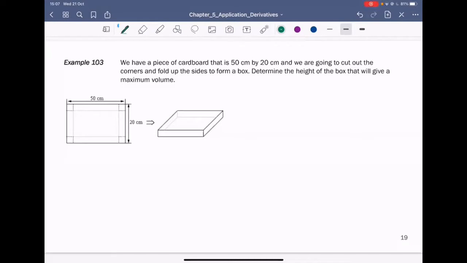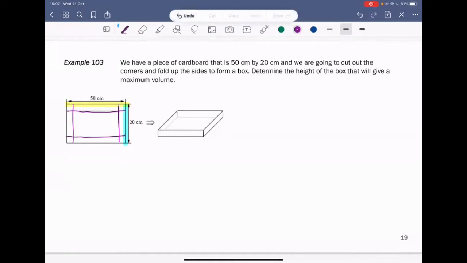If you look at the picture, you have a cardboard where one side has a length of 50 and the other side has a length of 20. We are going to cut the cardboard along the purple line I just drew, and then fold it up to get a box.